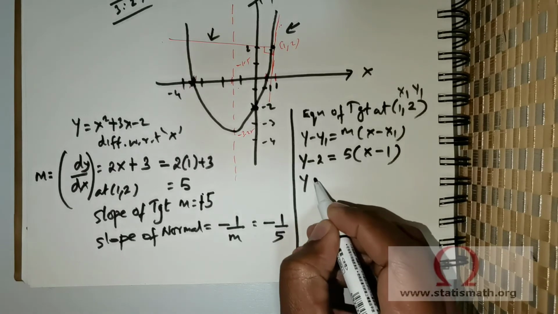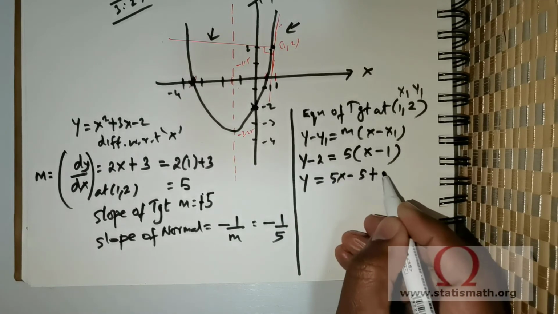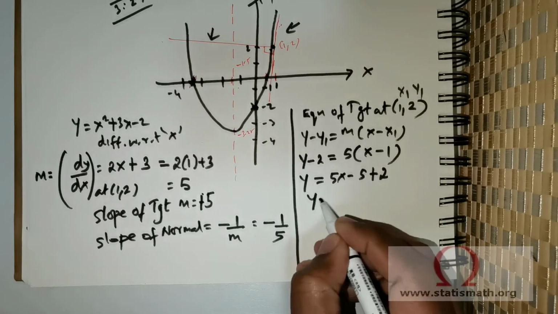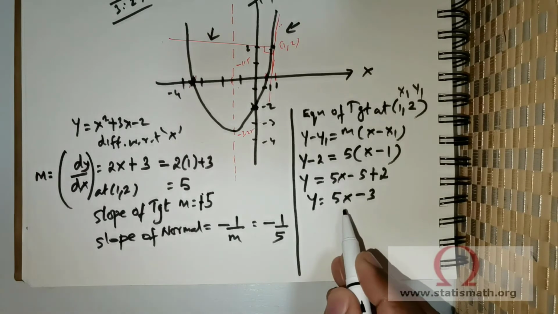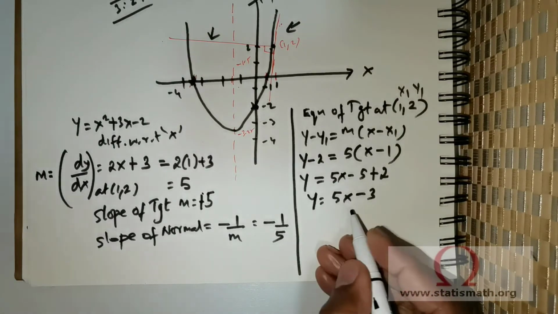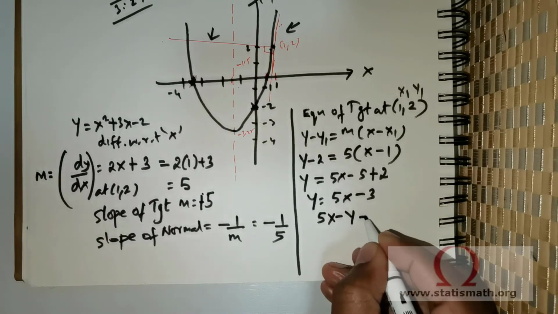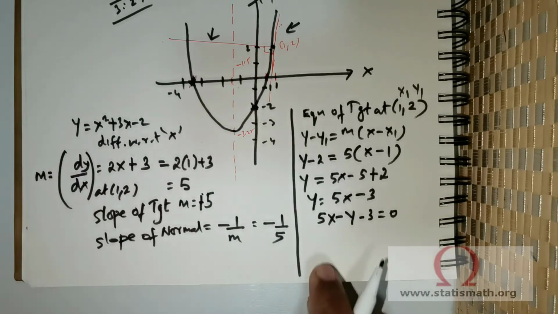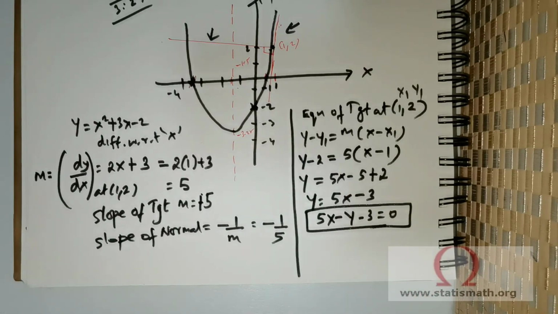This is y = 5x − 5. Moving the −2 to the other side, it becomes positive 2, so y = 5x − 3. I can rewrite this as 5x − y − 3 = 0. This is the equation of the tangent. This is one solution that you have got.